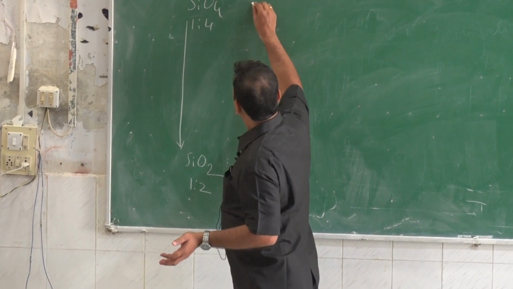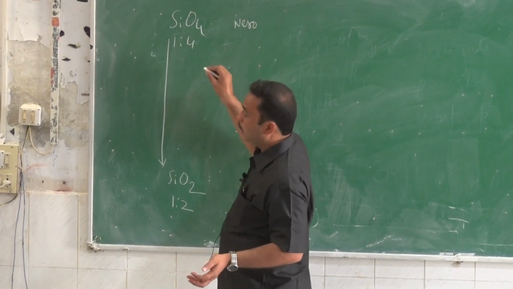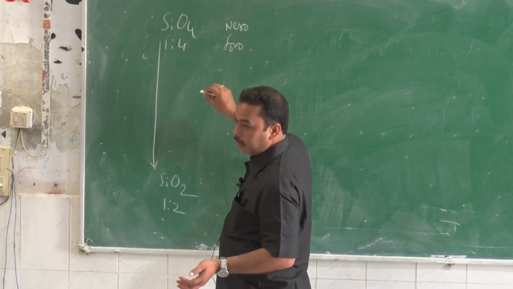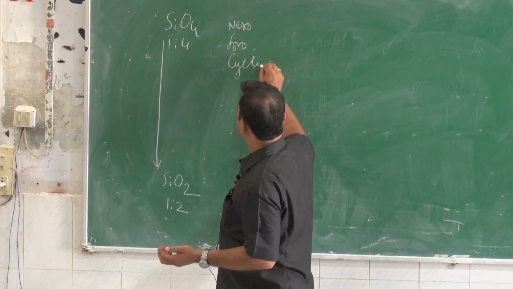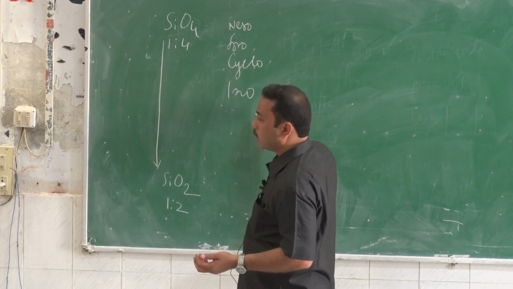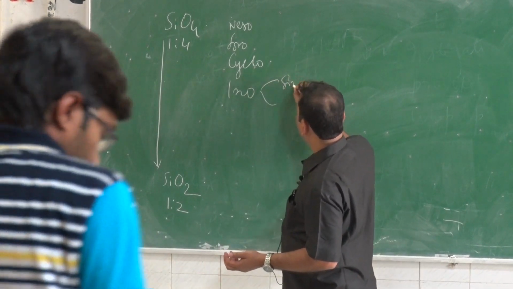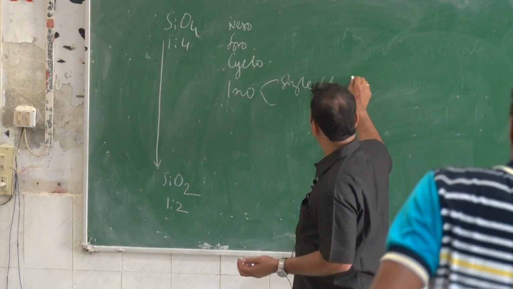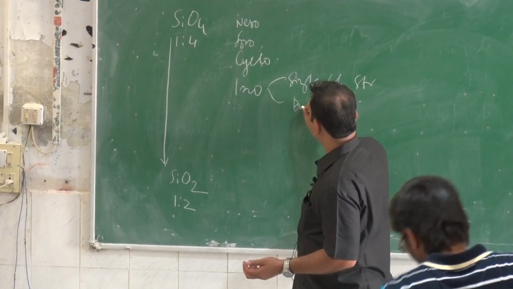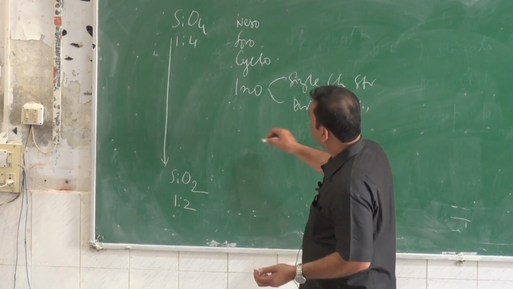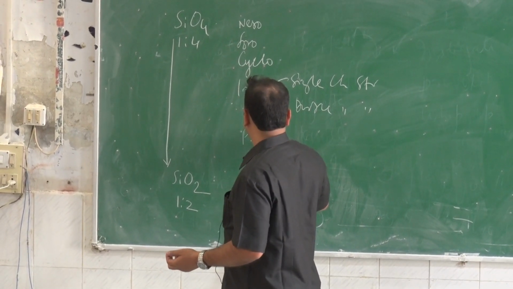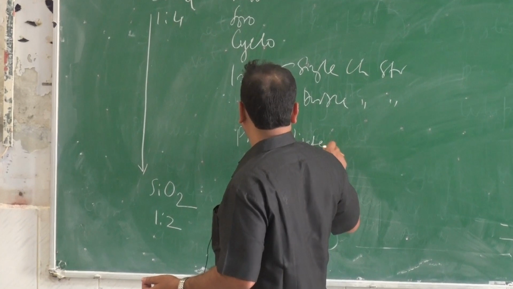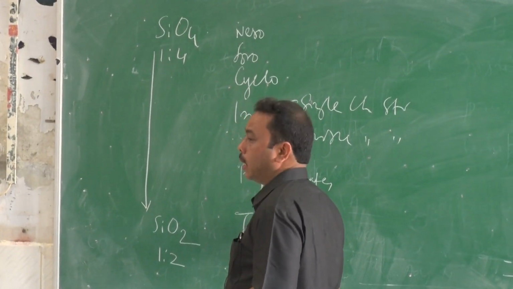all starting from nesosilicate to sorosilicate to cyclosilicate to inosilicates of single chain structure and double chain structure, and then phyllosilicates, and then tectosilicates.